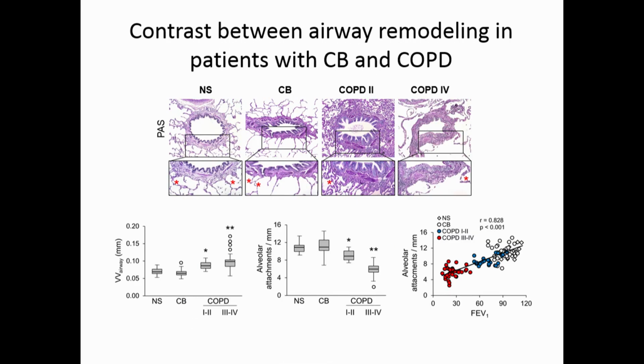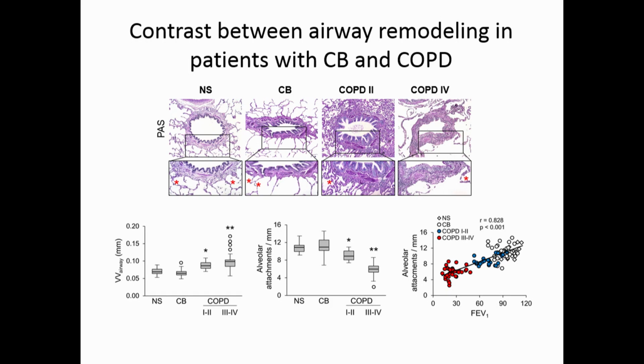Well, I'll show you what it means in several different ways, but first I want to make a comparison to COPD. And so this is another set or a larger set of controls, the constrictive bronchiolitis group, and then moderate COPD and severe COPD.